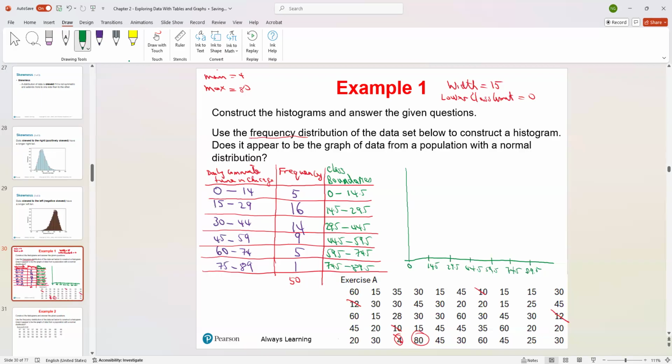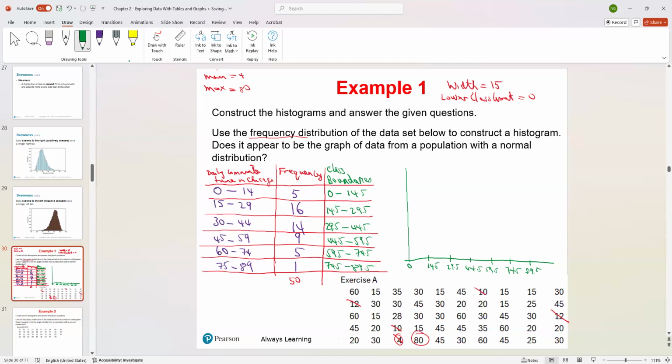Remember, on the x-axis we add the class intervals, but because it's a histogram, it's better we use the class boundaries. On the y-axis, we need to list all our frequencies. First of all, you identify the largest frequency is 16.